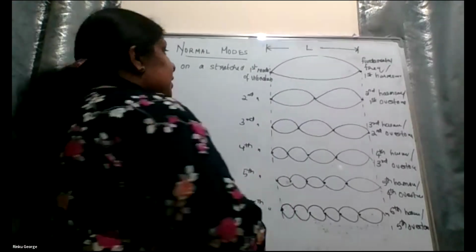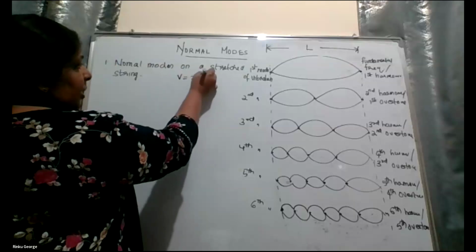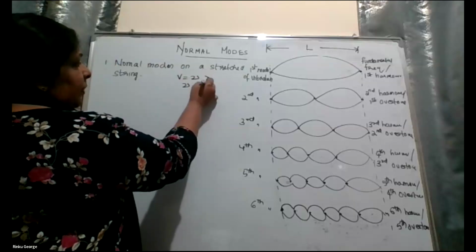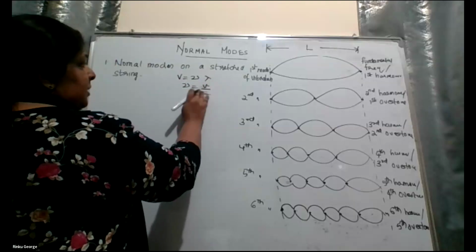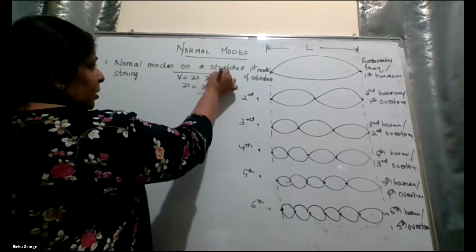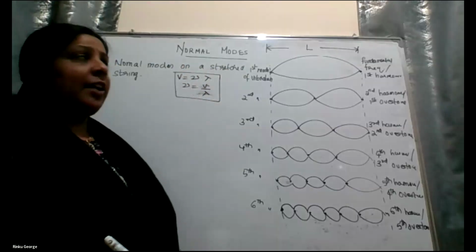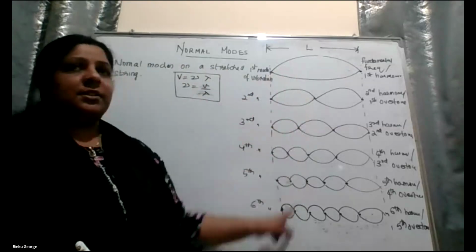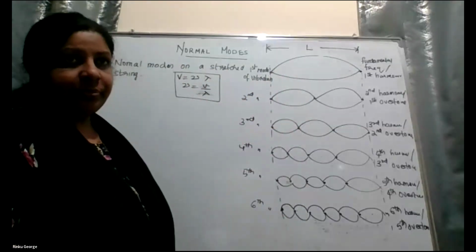Velocity is equal to nu lambda, or nu is equal to velocity by lambda. Just this formula is enough for the whole derivation. Our aim is to find these frequencies in terms of velocity and wavelength.